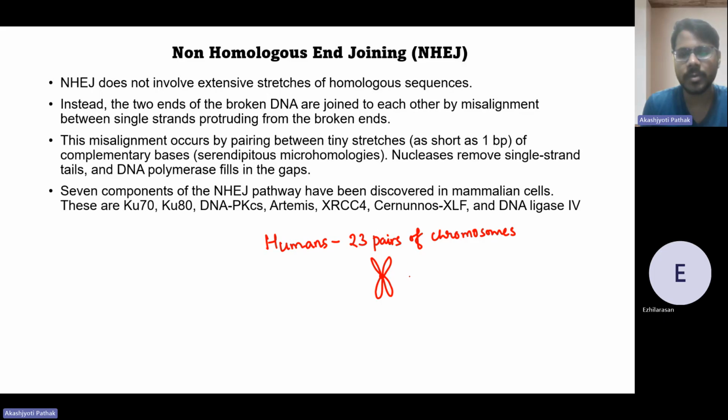So there are two copies of each chromosome, and during meiosis, what happens? You must have come across a term called homologous recombination. Homologous recombination takes place during the prophase stage of meiosis one.